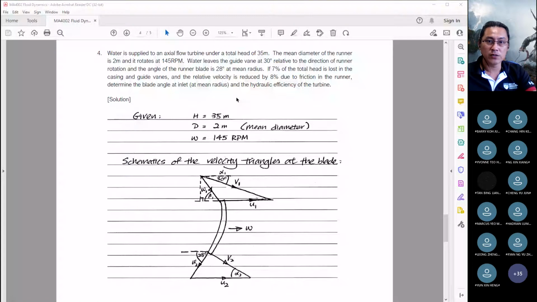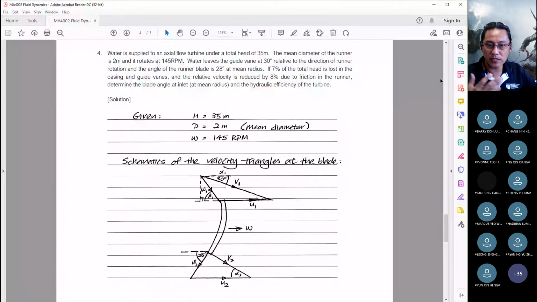Water is supplied to an axial flow turbine under a total height of 35 meters. That means that's the pressure height, H. In fact, we can just say H is 35 meters. We're told that the mean diameter of the runner is 2 meters and it rotates at 145 RPM. Runner is basically the turbine blade. I think it's just an old-fashioned term.